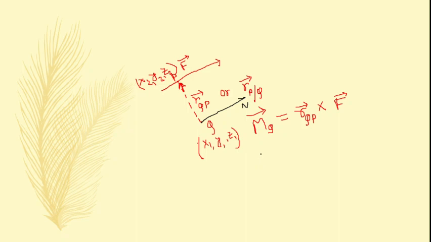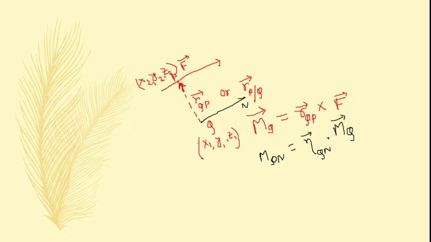Then the moment about QN is equal to the unit vector along QN dot with MQ, and this MQ is equal to R QP cross with F vector.